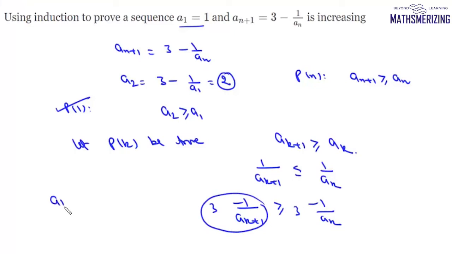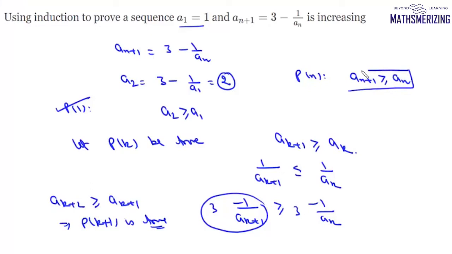So from here we can say ak plus 2 is greater than or equal to ak plus 1. That means pk plus 1 is true. So from mathematical induction, we can say that an plus 1 will always be greater than or equal to an for all n belonging to N. That is, the sequence is an increasing sequence.